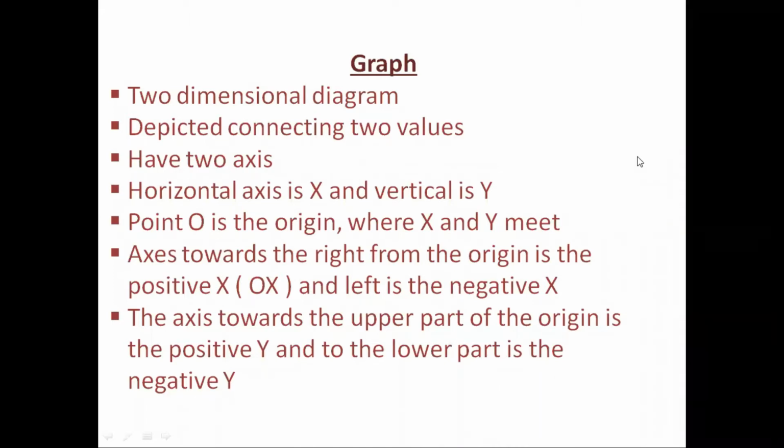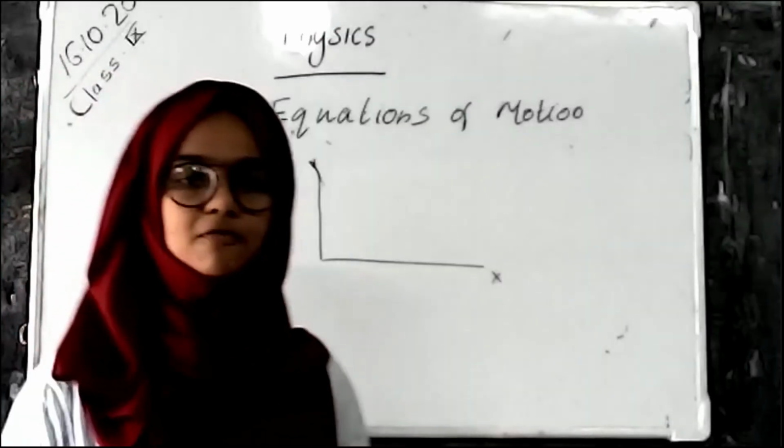Point O is the origin, where x and y meet. That is, the horizontal axis x and the vertical axis y meet at a point, and that point is O, the origin. The axis towards the right from the origin is the positive x and left is the negative x. The axis towards the upper part of the origin is the positive y and the lower part is the negative y. So these are the properties of a graph.